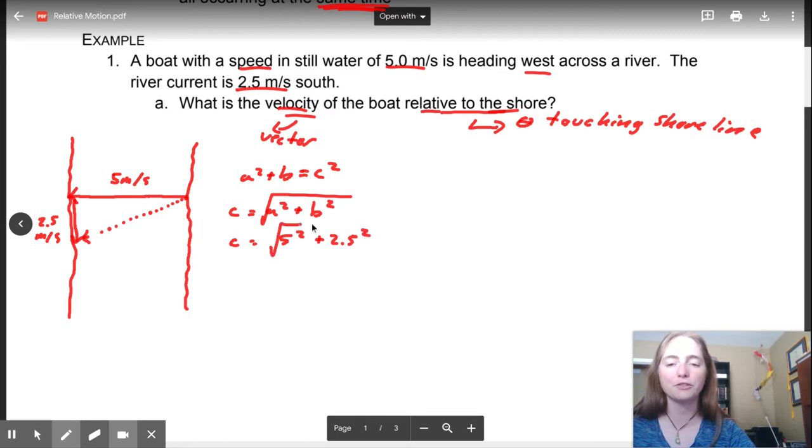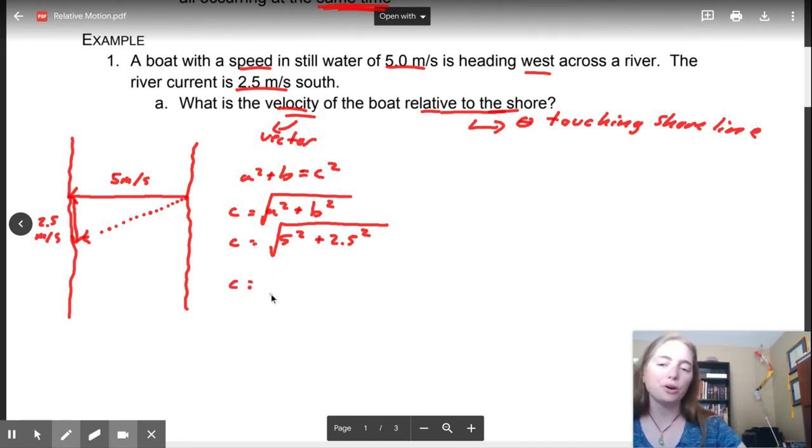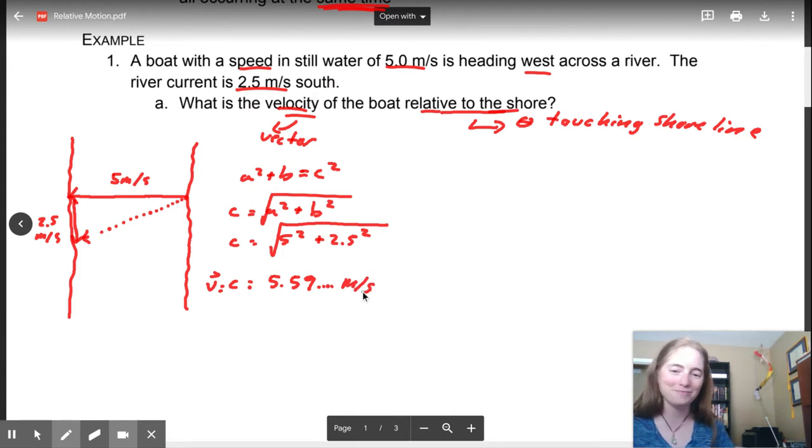Remember, the squaring happens first, then the adding, and then you square root the lot. Okay? Once you plug that into your lovely calculator, you are going to wind up with C, which is going to equal your resultant velocity. And that is going to equal 5.59 ... meters per second.